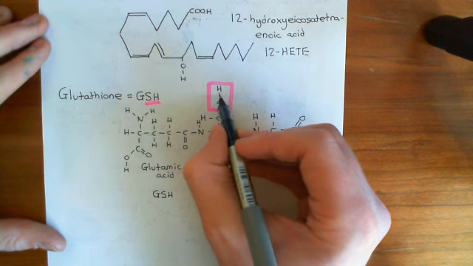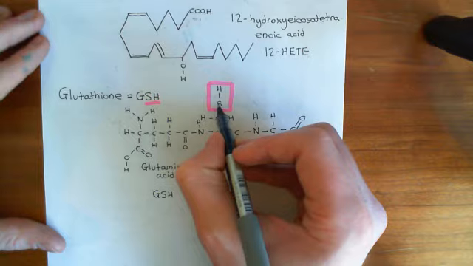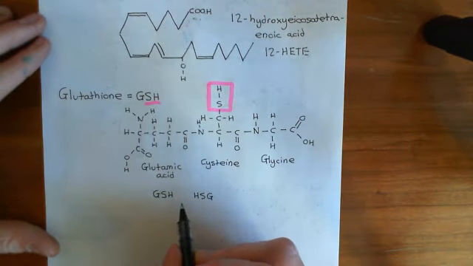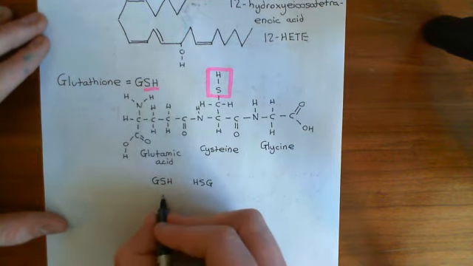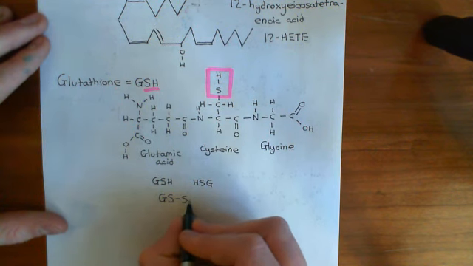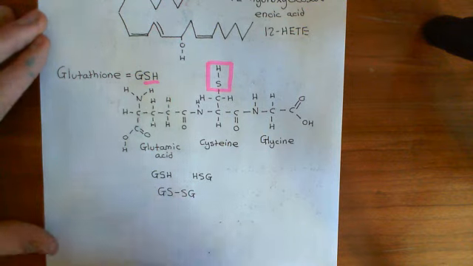So what you can imagine doing is giving one of the electrons back to the hydrogen, one back to the sulfur, and then both of the sulfur atoms in these two glutathione molecules will then have free unbound electrons, and they'll be able to bind to one another. So you'll get glutathione without its hydrogen now bound to another glutathione molecule, and this is written GSSG like that.